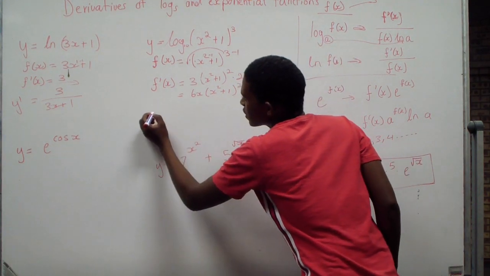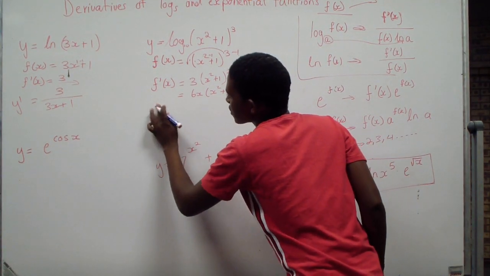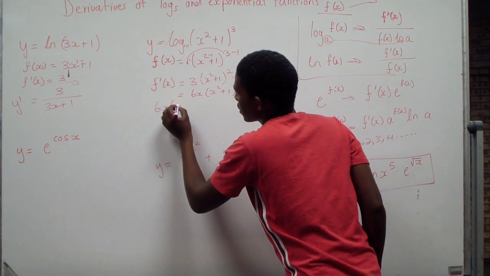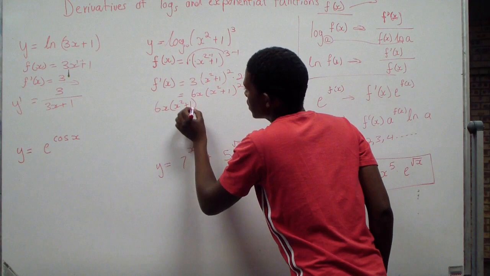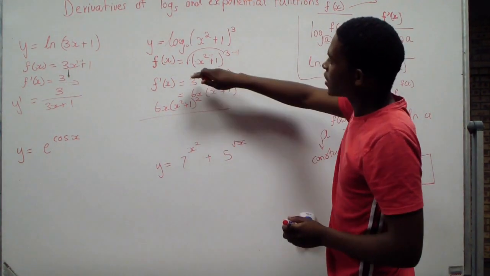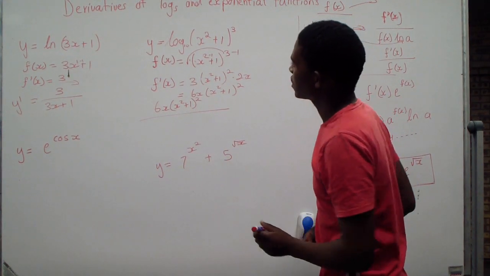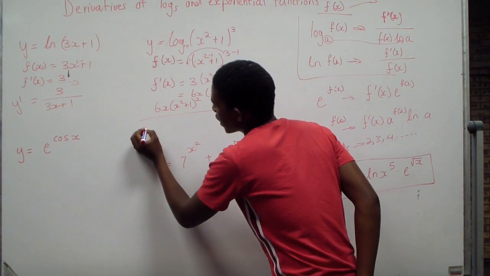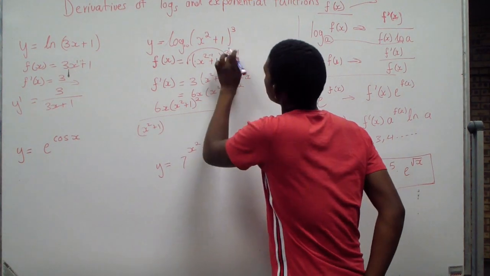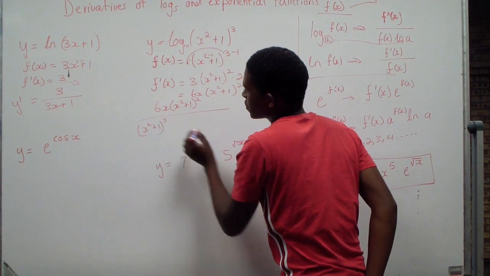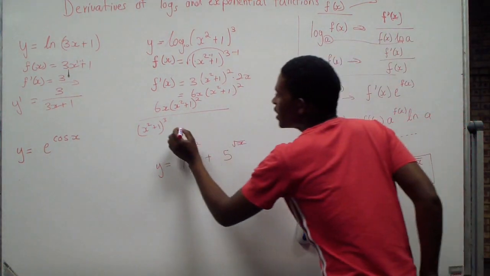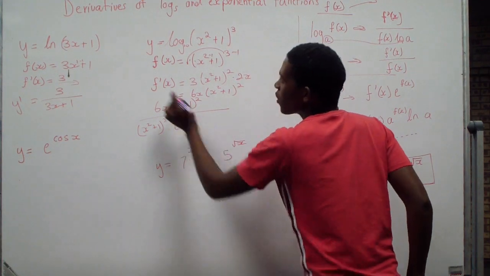So my derivative is 6x, x squared plus 1 squared, all over my function, which is x squared plus 1 to the power of 3, then ln of the base.